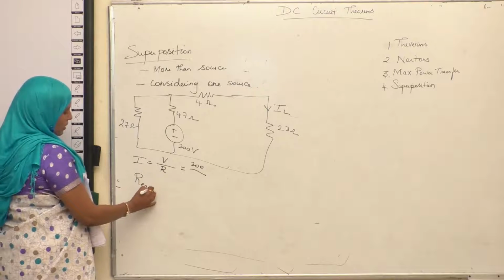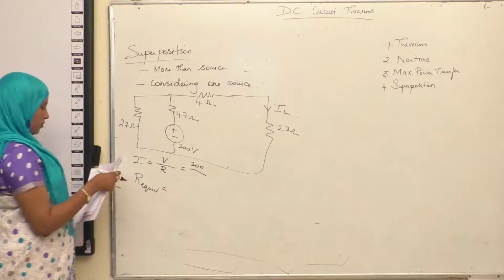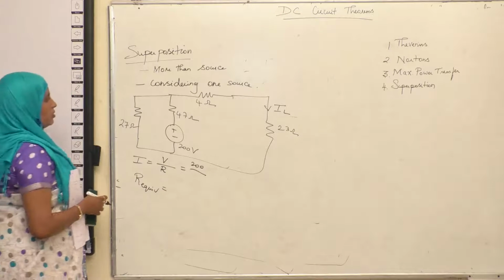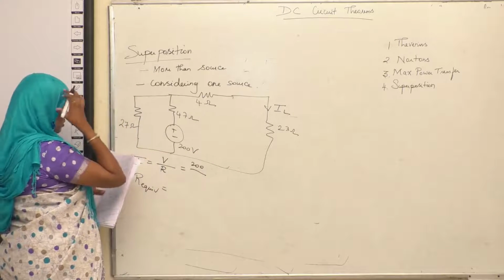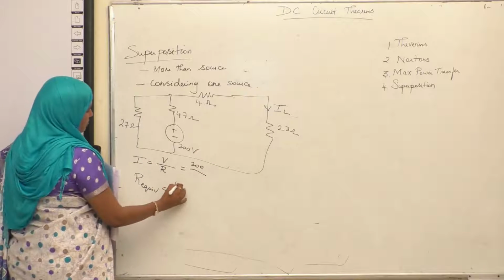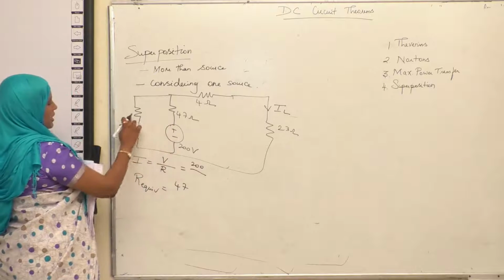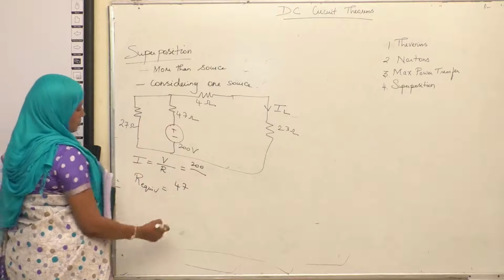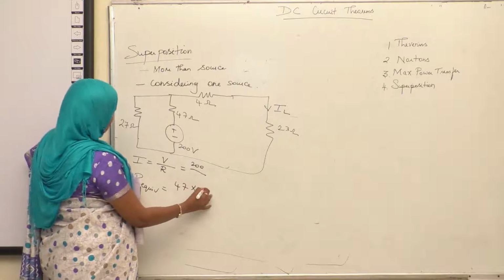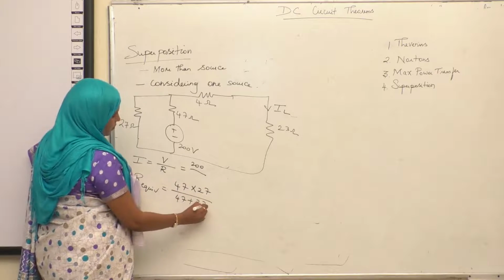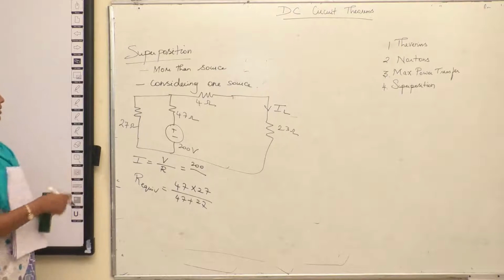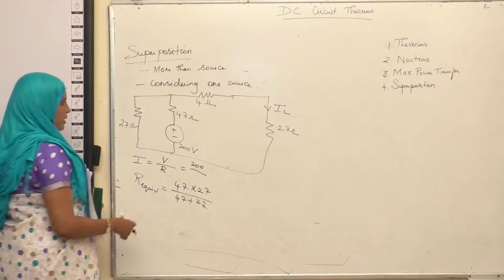So R equivalent will be, just say these two, 47. These two are connected in parallel. So substitute in the formula R1 R2 by R1 plus R2. These two are connected in parallel, right?